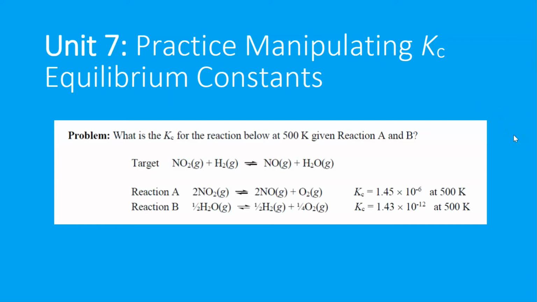Hi everyone. In this video, I am going to give you the tools to solve this problem. We're going to solve this problem by manipulating the given Kc's to figure out the Kc for a target reaction.